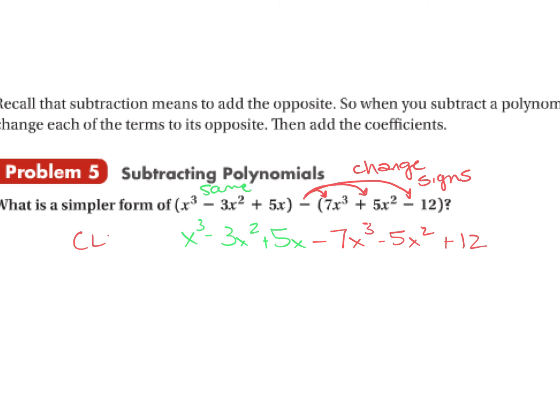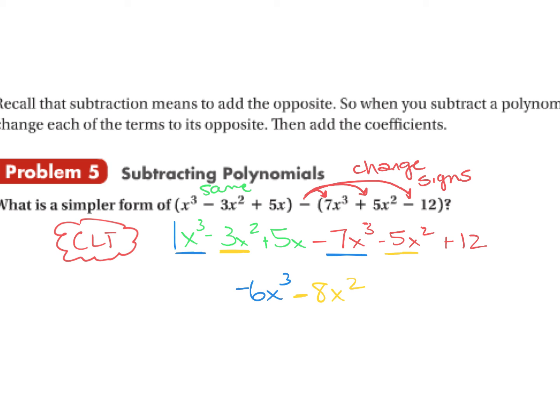Now we're going to combine like terms, or CLT. I just wrote that off to the side. So I have an x cubed or a 1x cubed. That can combine with negative 7x cubed. So I'll give negative 6x to the third. I have a negative 3x squared. That can combine with a negative 5x squared. So I get negative 8x squared.